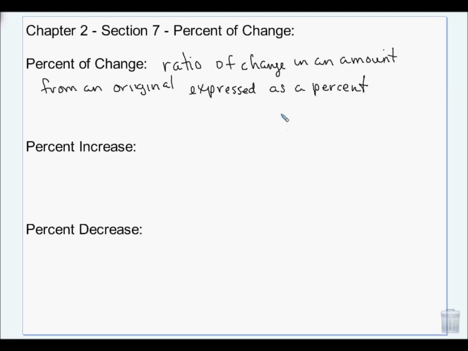The percent increase happens if the new number is greater than the old number or original number. And you have a percent decrease if the new number is less.